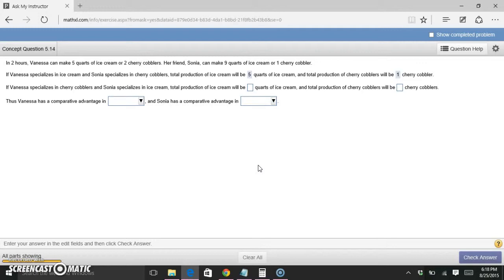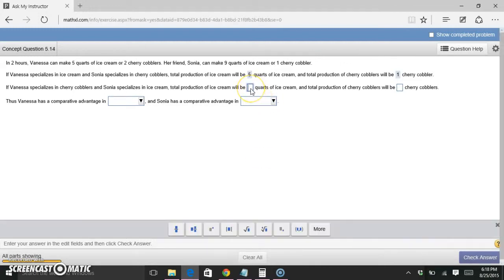So the next part of the question flips that around and says, what happens if Vanessa specializes in cherry cobbler and Sonia specializes in ice cream? Now what's our total production of ice cream and of cherry cobbler? Now Vanessa is making cobbler and Sonia is making ice cream. So how much ice cream do we end up with? We end up with however much Sonia can make, and we're told in the beginning that Sonia can make 9 quarts of ice cream.